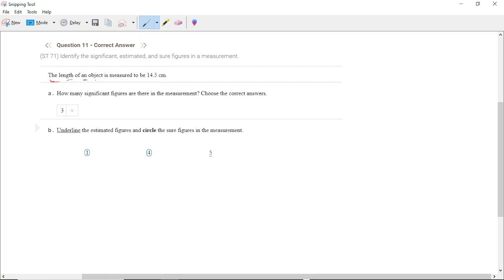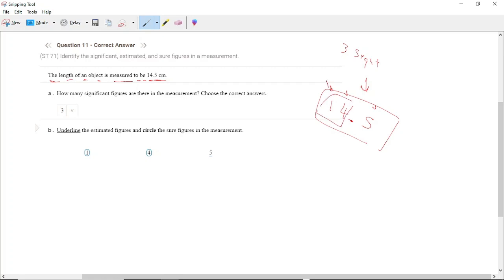The length of an object is measured to be 14.5 centimeters. Here, how many significant digits? I have 1, 2, 3, so I have 3 significant digits. What are the sure digits here?